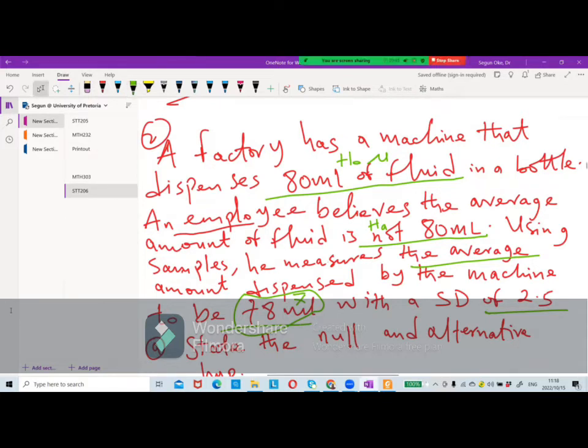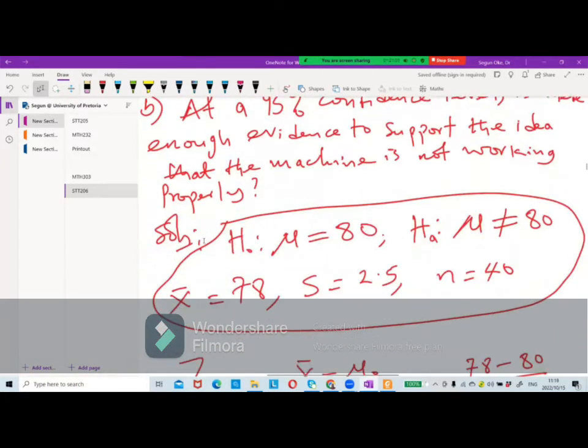We now say, okay, state the hypothesis. The man asked the manufacturer, the owner of the company, sir, what is this machine supposed to produce for us? He said 80. If it is 80, it simply means our null hypothesis is 80.